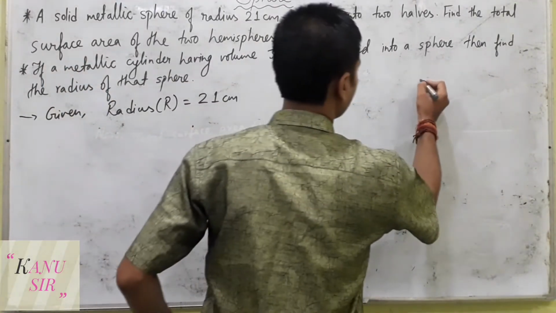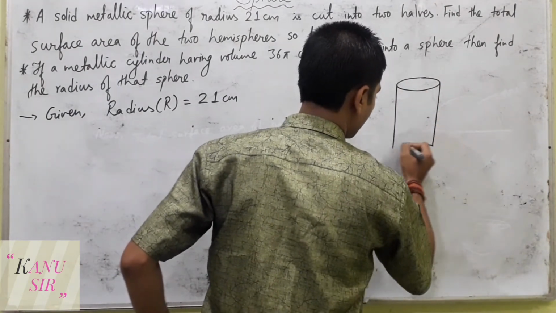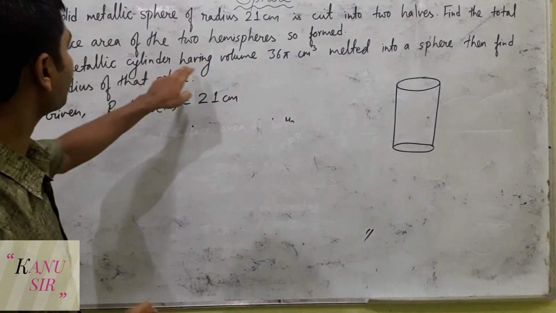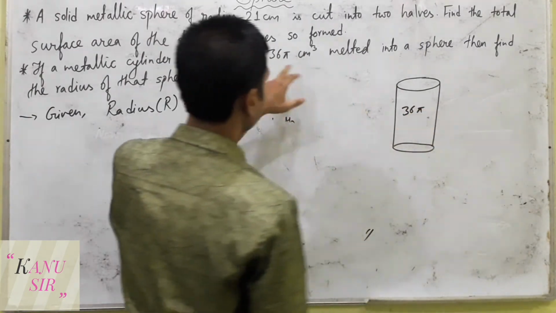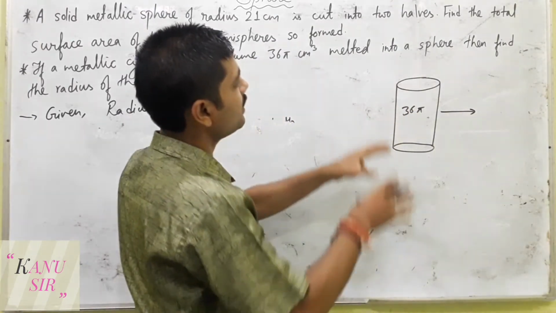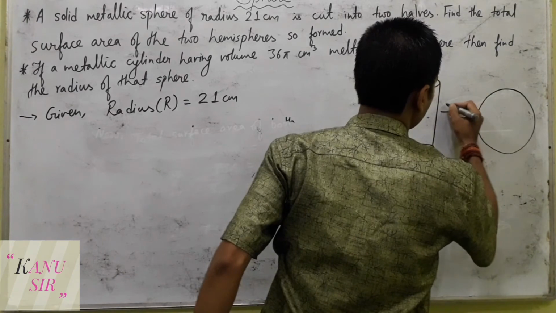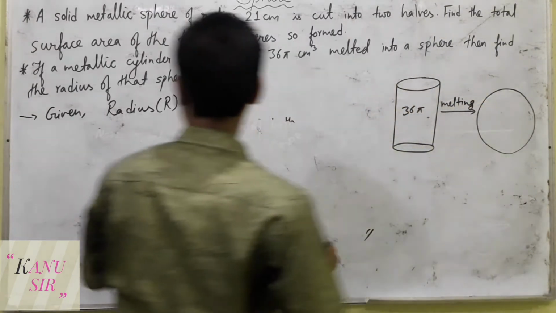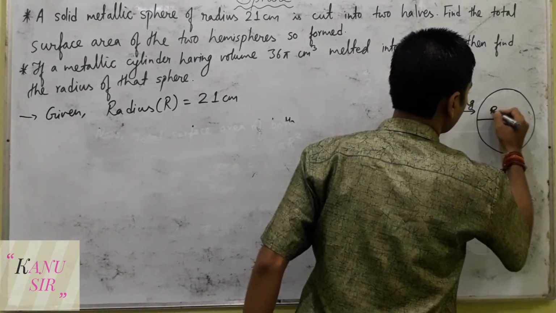This cylinder is also made of metal, and the metallic cylinder whose volume is 36 pi is melted, changed into liquid, then again changed into a sphere after the melting process. Then find the radius of the sphere.